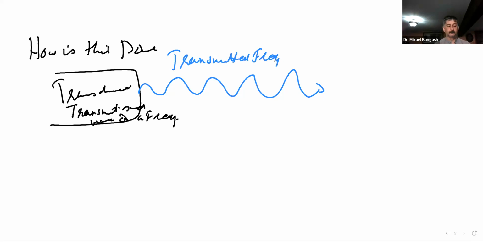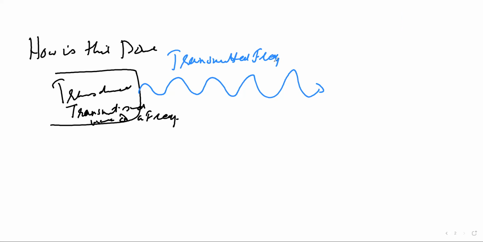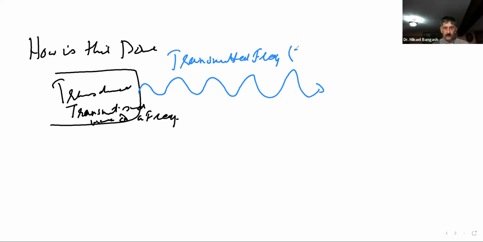Did that make sense? Yes. Good. Let's just say that in this instance our transmitted frequency is 2 megahertz, which mainly means that it produces a sound wave which has 2 million cycles per second.